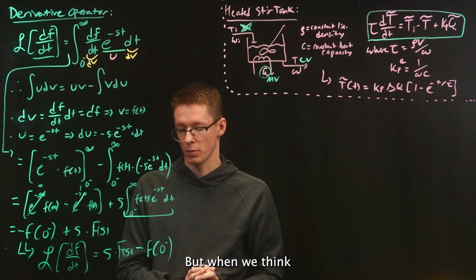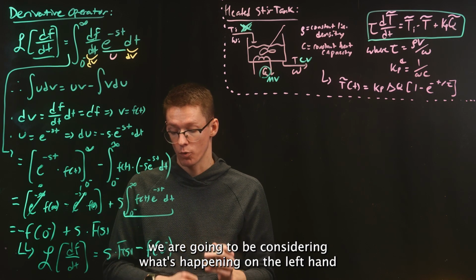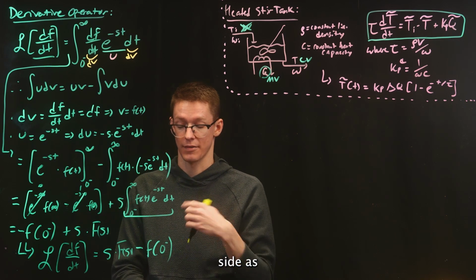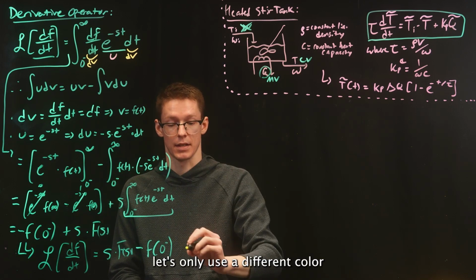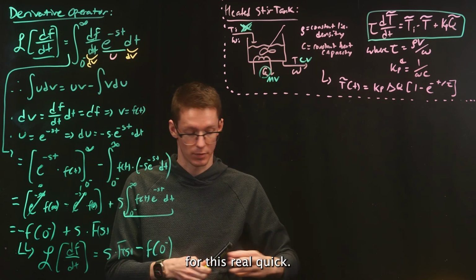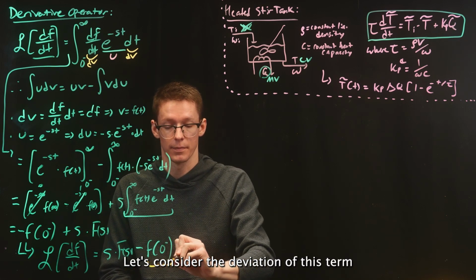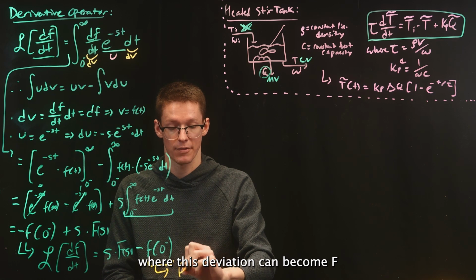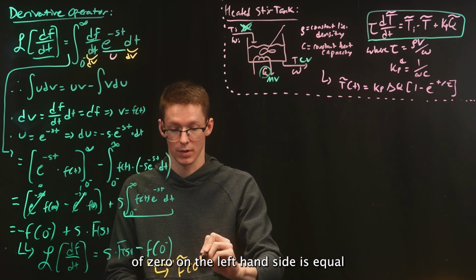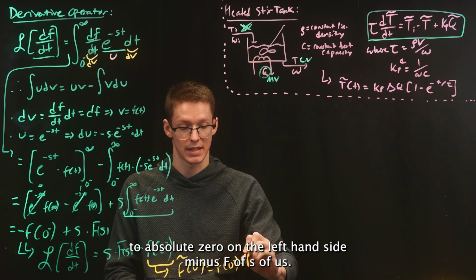But when we think about the deviation of this effect and what's really happening here, we are going to be considering what's happening on the left-hand side. I'm going to use a different color for this real quick. Let's consider the deviation of this term, where f of 0 on the left-hand side is equal to f of 0 on the left-hand side minus F of s.